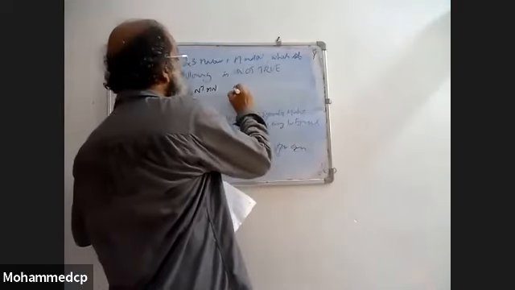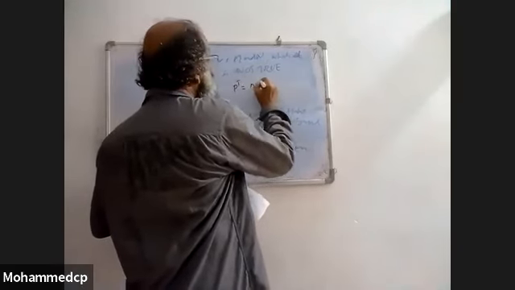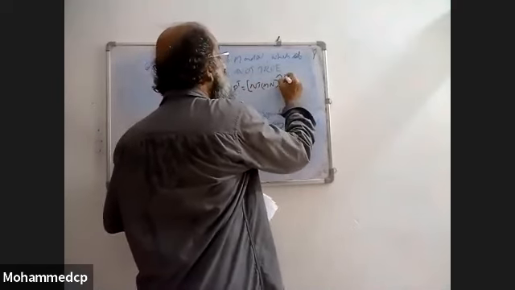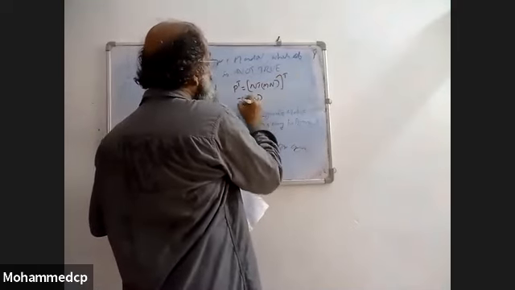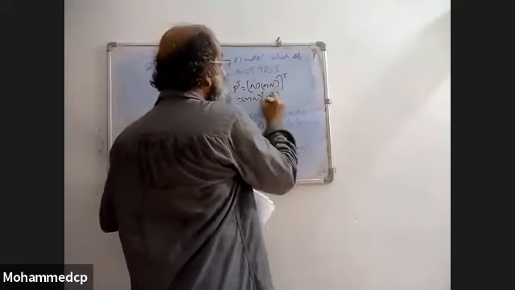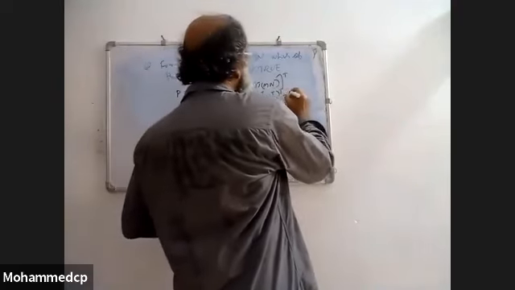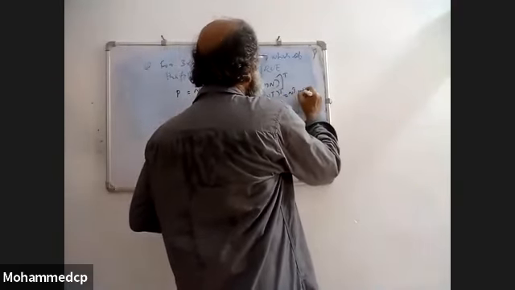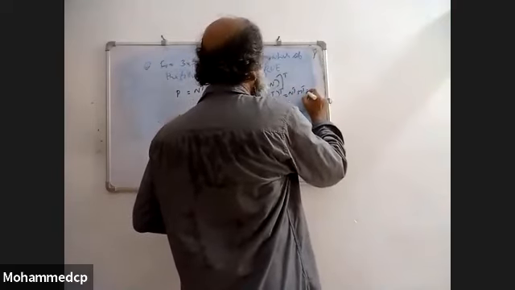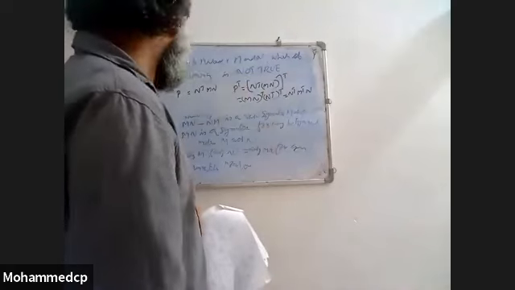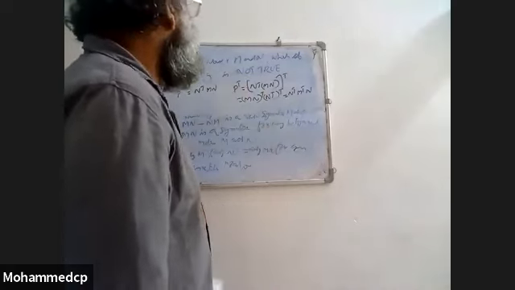P transpose is N transpose Mn whole transpose, equal to Mn transpose into N transpose transpose, which is equal to N transpose M transpose N. N transpose transpose is N.